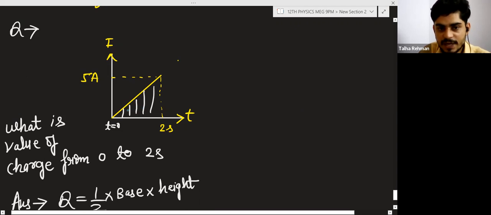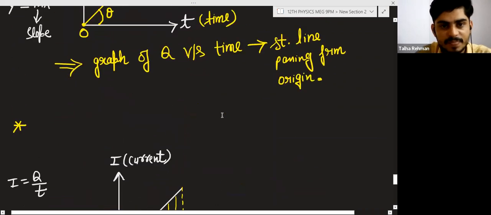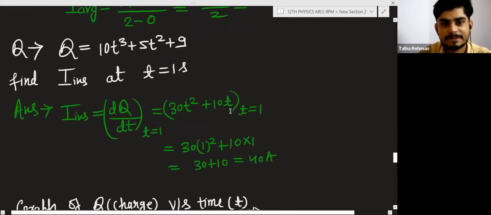We find the area of this triangle OAB, and the area will give you the charge. So here we have found the charge.